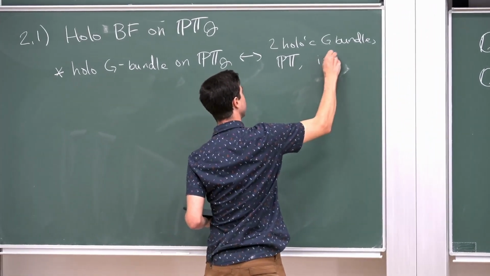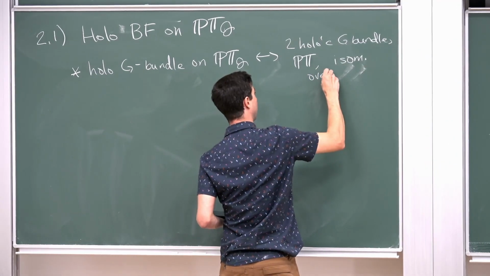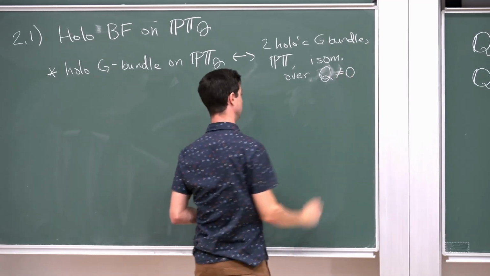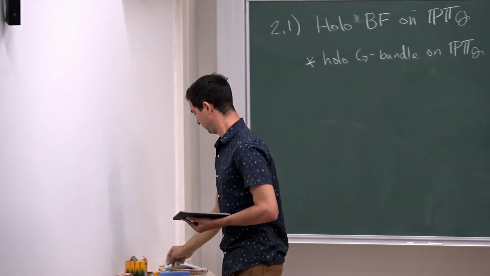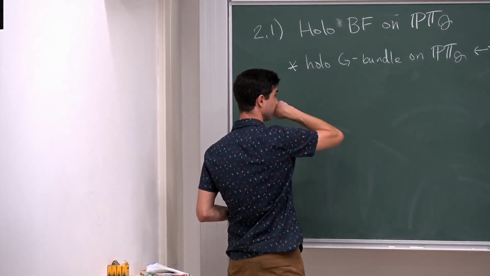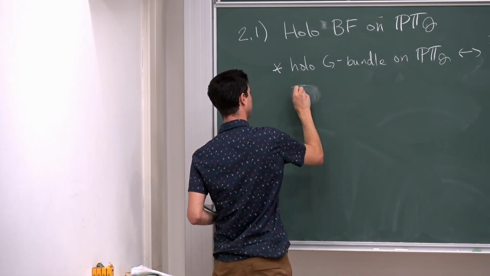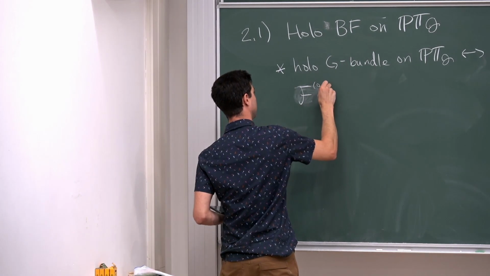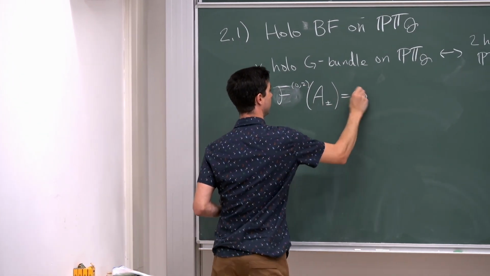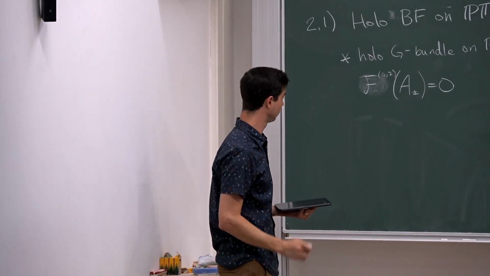And we want them to be isomorphic to one another on the open set where Q is not equal to 0. So let's digest what that means in terms of our fields. We imagine having, in some sense, two copies of our fields. I'll put pluses and minuses corresponding to which copy of twistor space they live on.